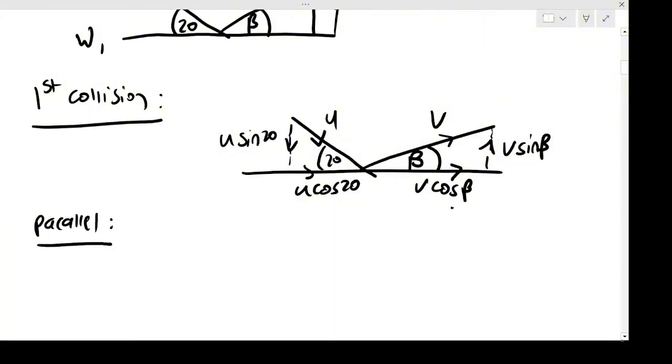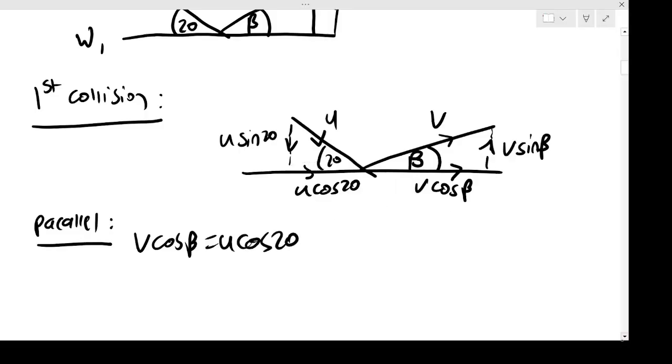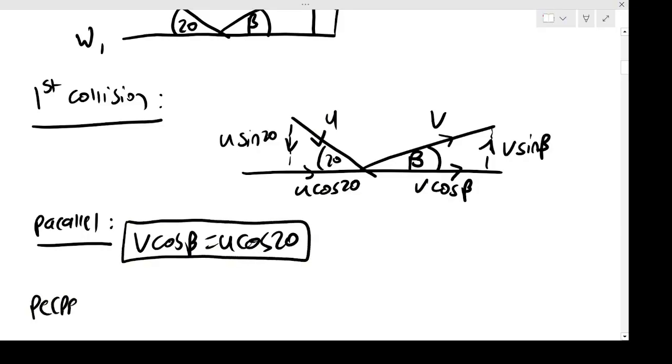So firstly, the parallel parts, again, that's going to be v cos beta equals u cos 20. There we are. Now, again, we could potentially evaluate cos 20, but that'll just get me an awkward decimal. I'm going to leave that there, right? That's my first equation. Then perpendicular.